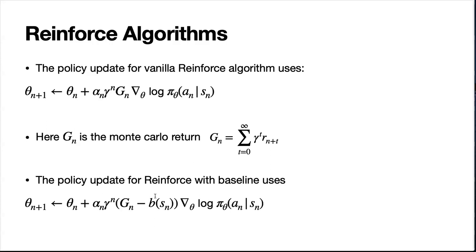I have not listed out all the steps for the reinforce and reinforce with baseline algorithms, but you can always look up the pseudocode from the Sutton textbook. The most important part of both these algorithms is just this update rule, which we have derived and clearly seen in this set of slides.